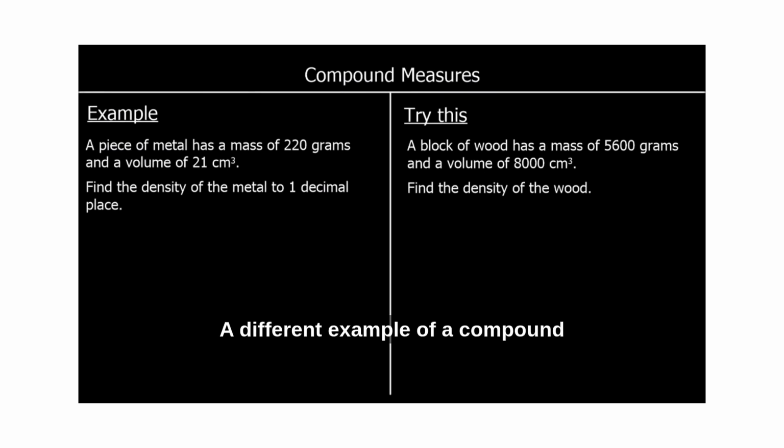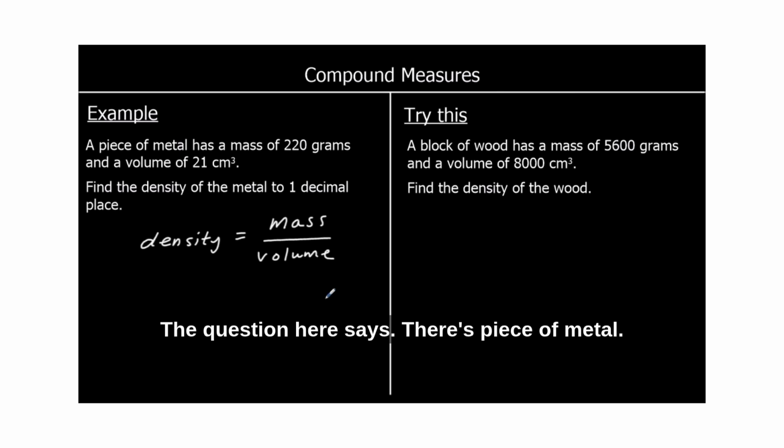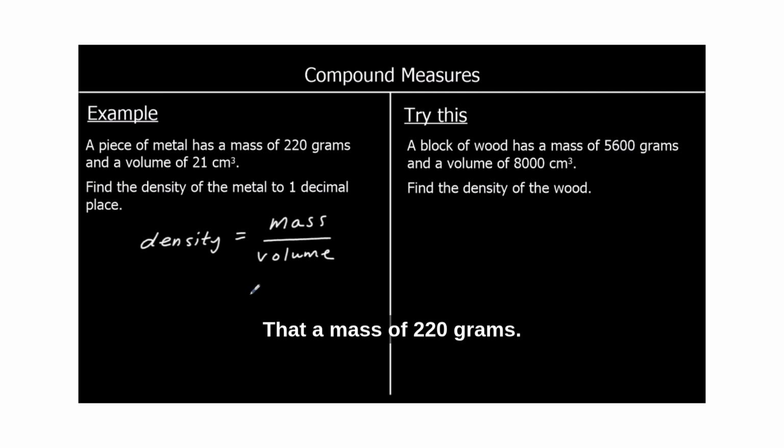A different example of a compound measure is density. And density is equal to mass over volume. So again, we need to remember what density is. It's mass over volume. The question here says a piece of metal has a mass of 220 grams.